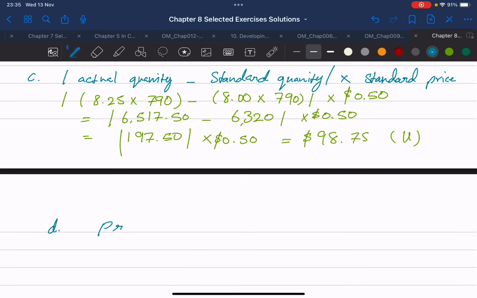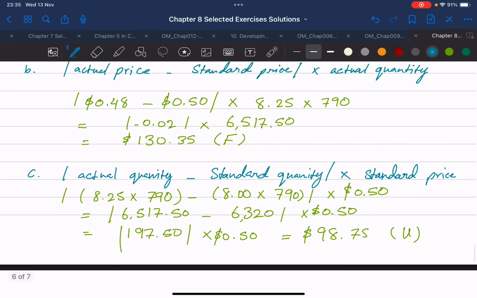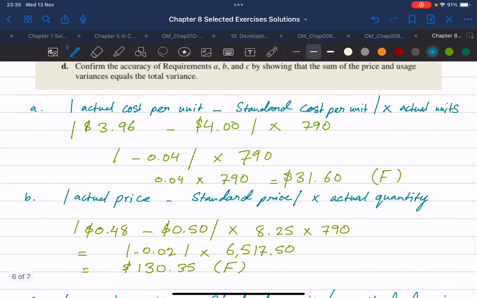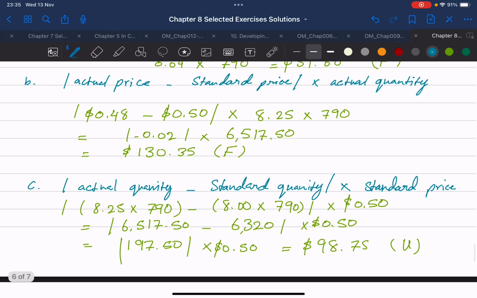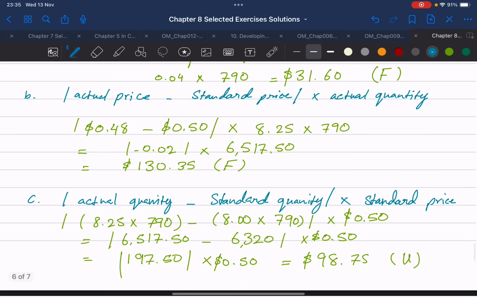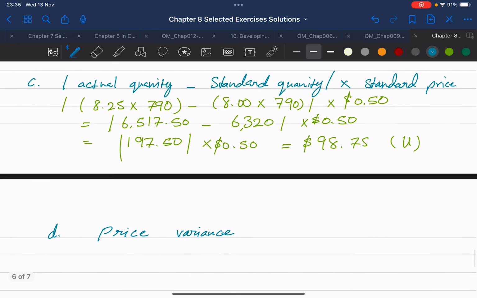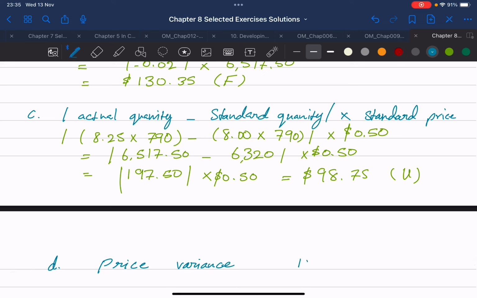The price variance, which was, where is it? Here, $130.35 favorable. So I'll just copy that. 130.35 favorable.